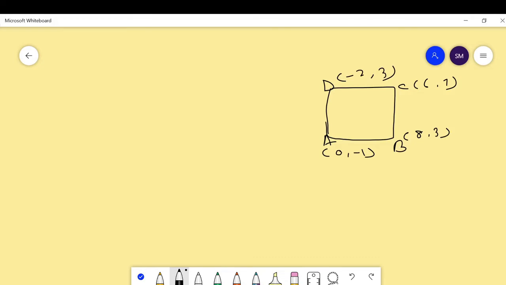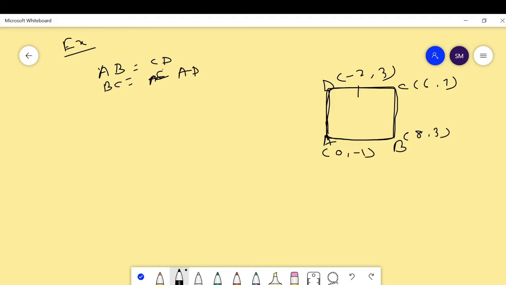To prove these 4 points are vertices of a rectangle, at first we have to prove that the opposite sides have the same length, meaning AB is equal to CD and BC is equal to AD.